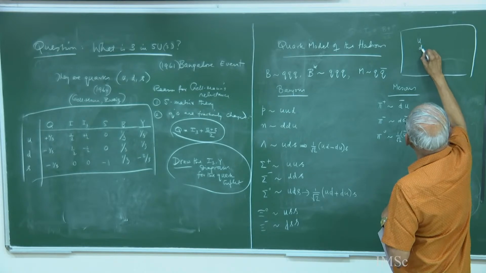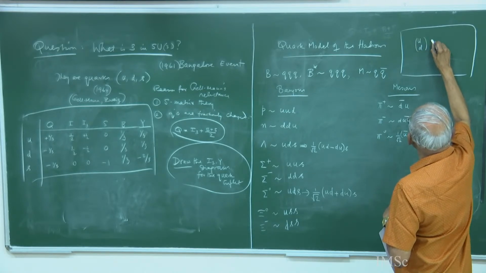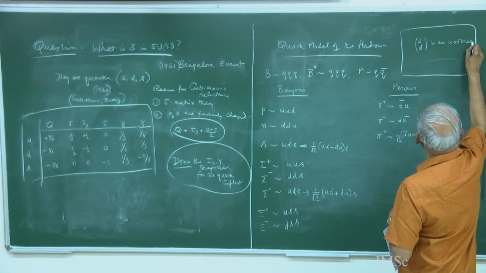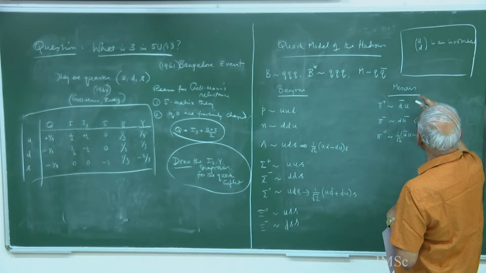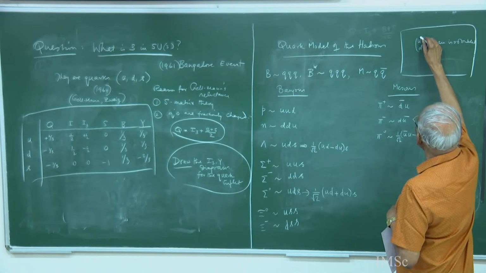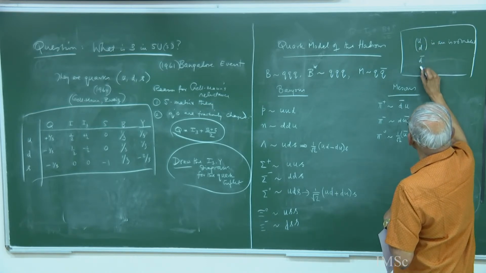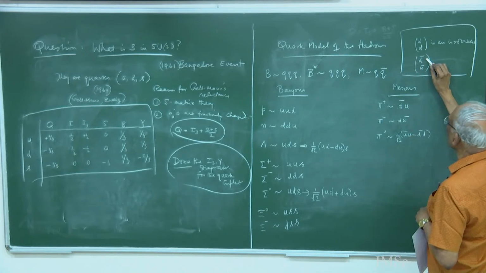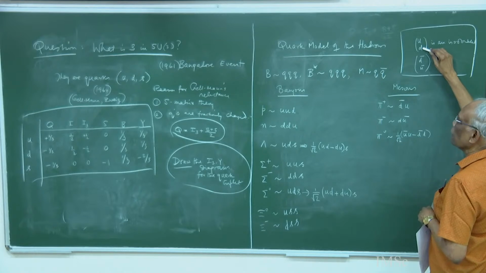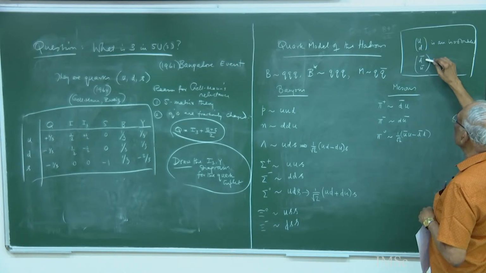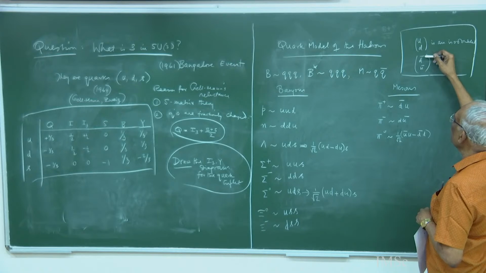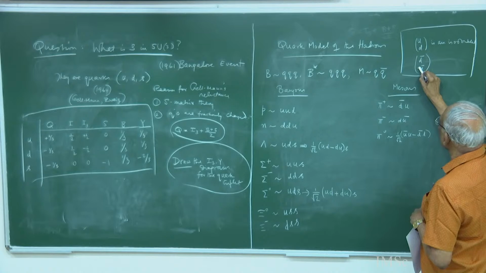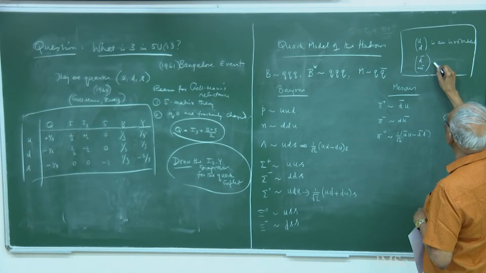u and d is an isodoublet. And if you take antiparticles, first of all, you cannot write u bar d bar, you have to write d bar u bar, because the convention is to write the higher I3 above. So d has I3 equal to minus half, d bar has I3 equal to plus half, so that has to go to the top. But it turns out that this is not enough, you have to put a relative minus sign, then only it has the correct transformation property, which I will prove later.